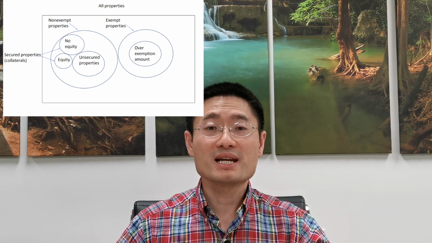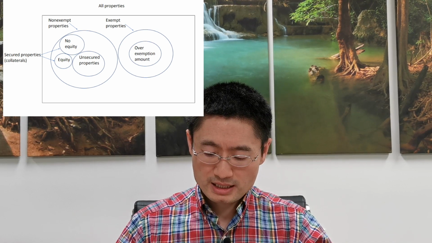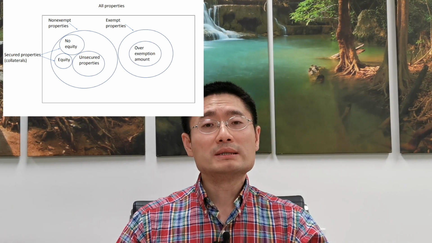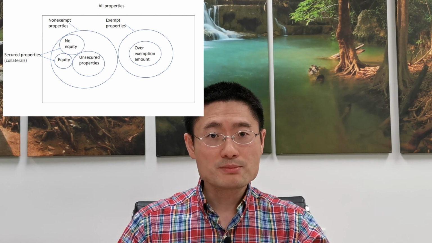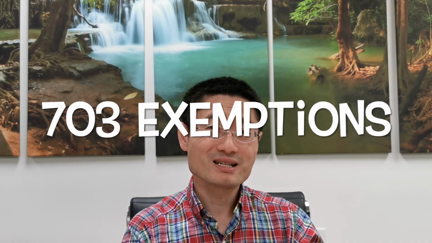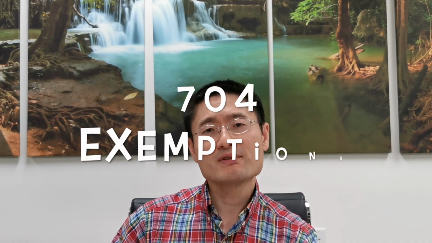So since I'm located in California, let's take California law as an example to illuminate what exemption means. So in California, a Chapter 7 debtor has a choice between Section 703 exemptions and Section 704 exemptions. So let's take the latter for our purposes.